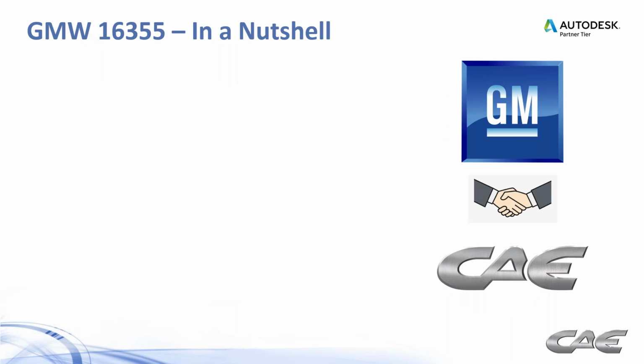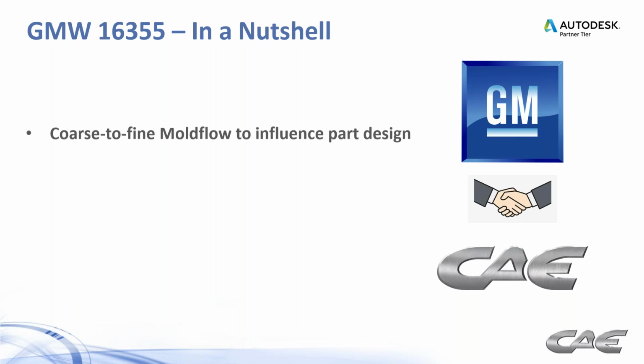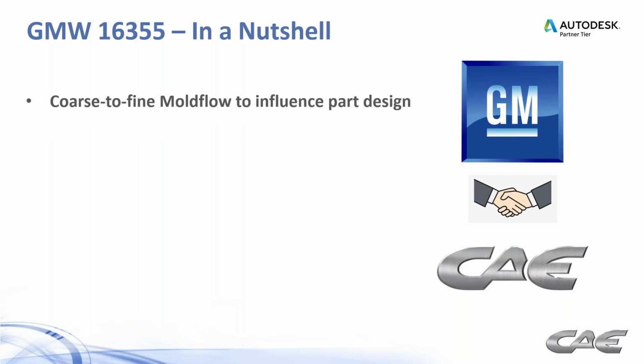So here's the 355 in a nutshell, and this pertains to the simulation end of things. So it's a course-defined Moldflow to influence part design. So it starts off early on, more in the course type of analysis, getting a 30,000 foot view of what you're up against when the part designs first come out. Now, there are three distinct events, and we'll explain these in a minute, but MF0, MF1, and MF2.